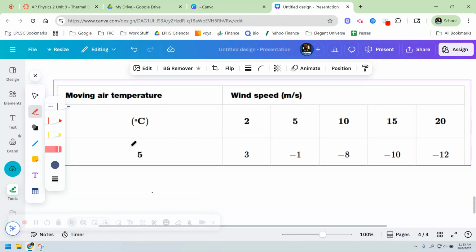And it just says moving air temperature, so at 5 degrees, your wind speed needs to be 3 meters per second. Basically it's a chart where you have a moving air temperature and then the wind speed, all right?